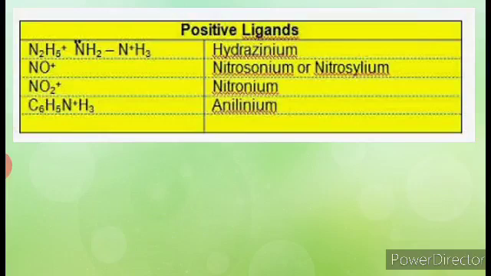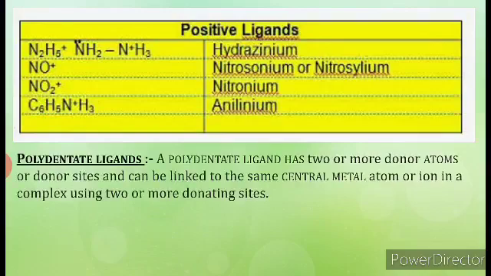Poly means many, and dentate represents donor sites. Those ligands which have more than 1 donor site, 2, 3, 4, 5, maximum 6, all come in the category of polydentate ligands.